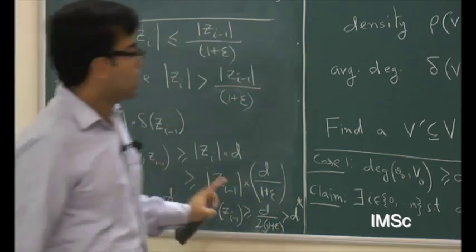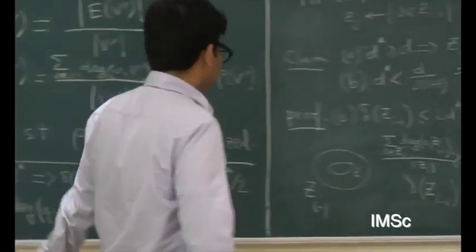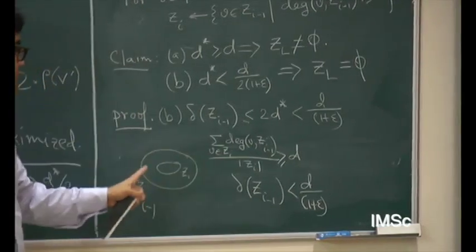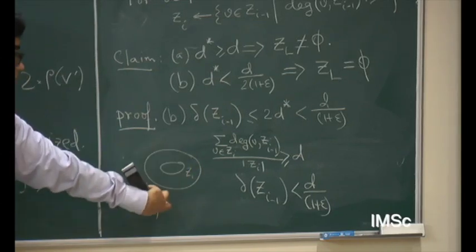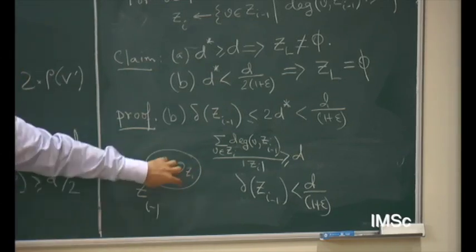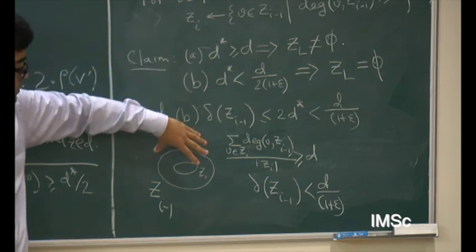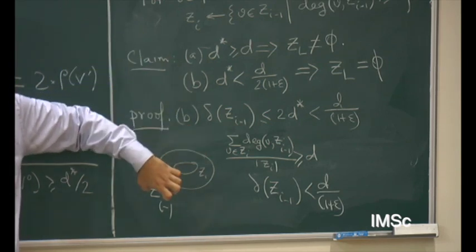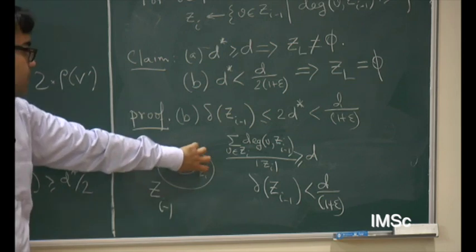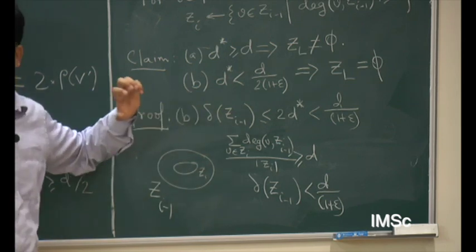Okay. This is something simple. It's not quite complicated. The main idea is this, that Zi is a subset of Zi minus 1 and the degree in Zi is large enough, whereas the average degree in Zi minus 1 is small enough. So that means that the size of Zi cannot be too large compared to Zi minus 1.